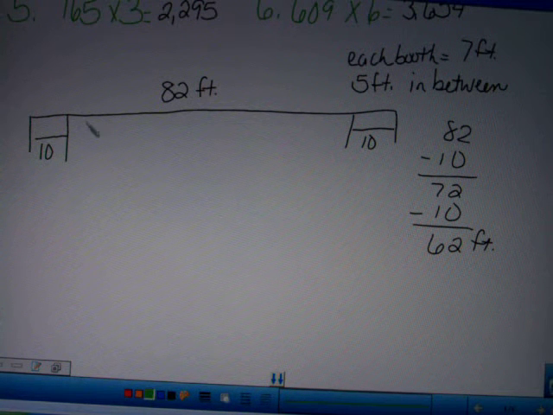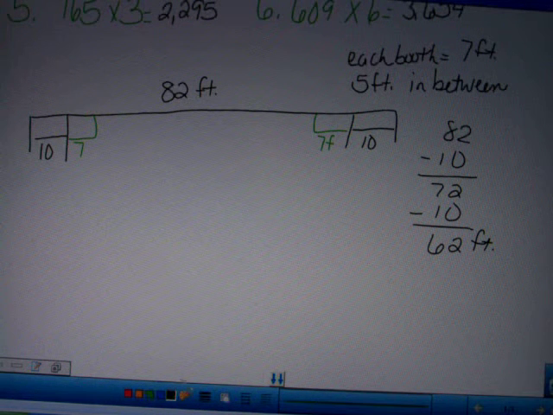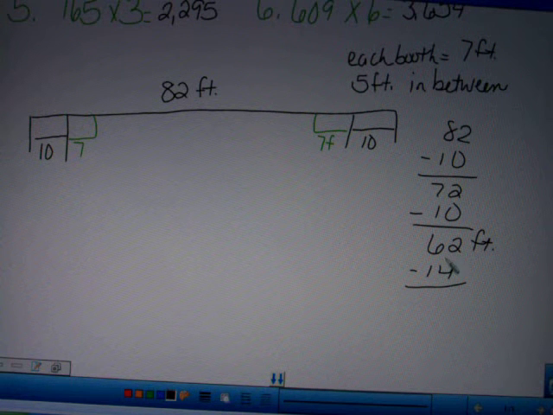So what I'm going to do is I'm going to draw a picture. I know right away I'm going to have a booth, and that's 7 feet on this side. I'm going to have a booth over here. That's 7 feet on this side. So now all of a sudden I am working with, I'm just going to take away 14 feet, and that gives me 48 feet left to work with.